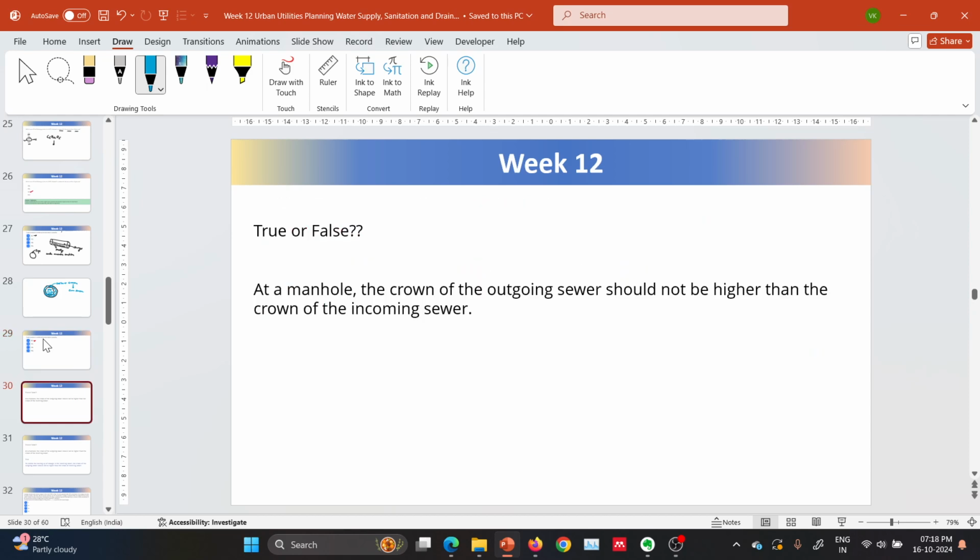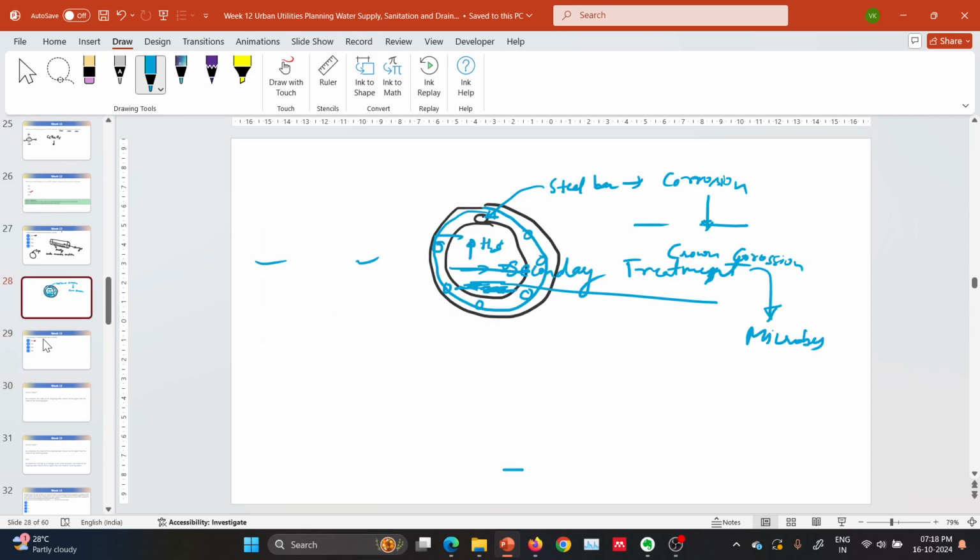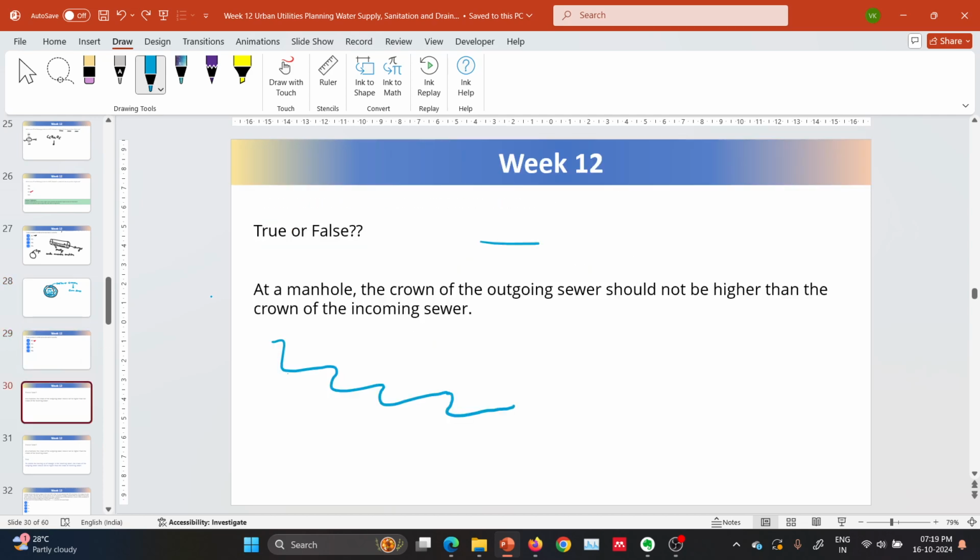True or false? At a manhole, the crown of the outgoing sewer should not be higher than the crown of the incoming sewer.